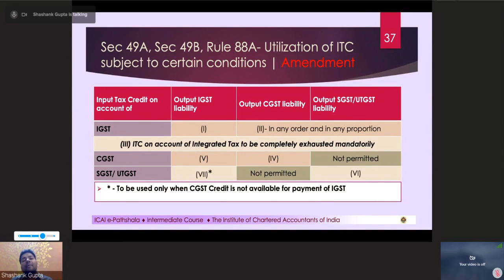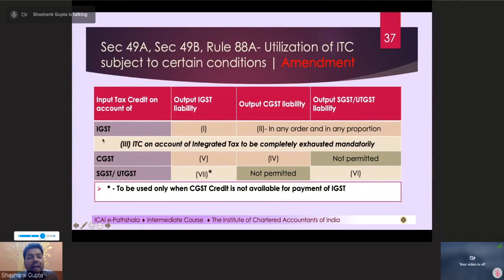So the government came up with an idea: let us introduce a restriction that every taxpayer has to first exhaust his IGST credit, and only then can he utilize his CGST or SGST/UTGST. Which means what? IGST credit must first be utilized against IGST liability.